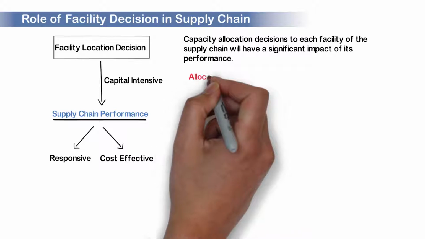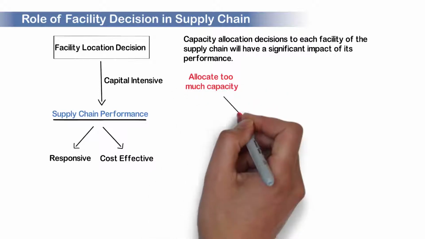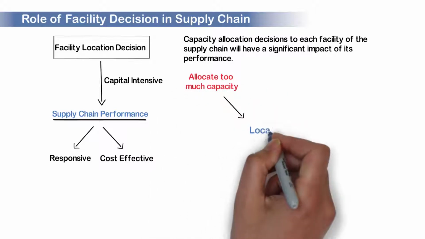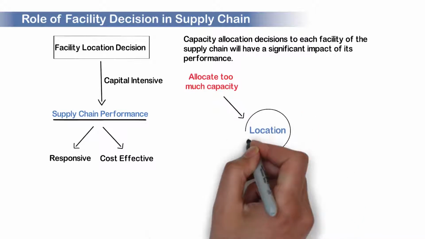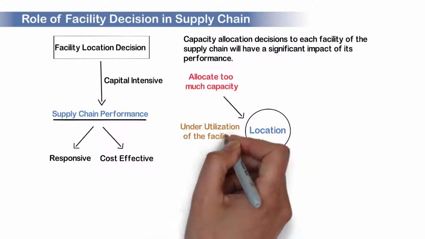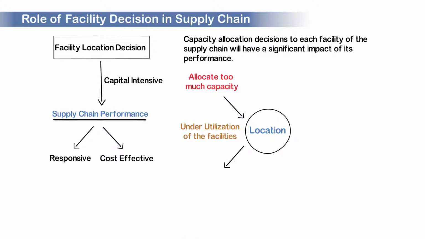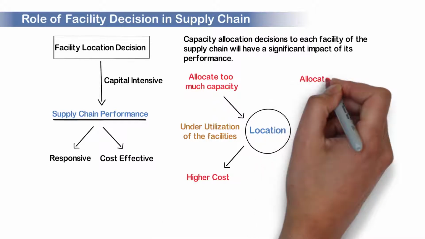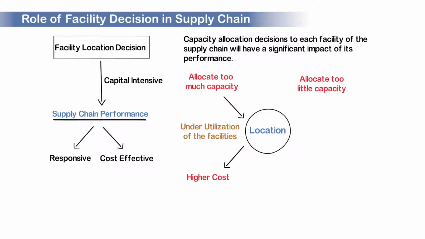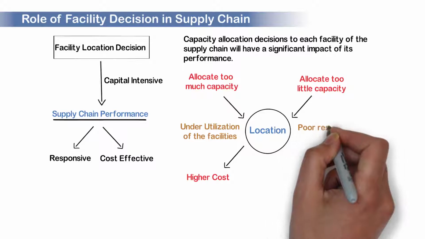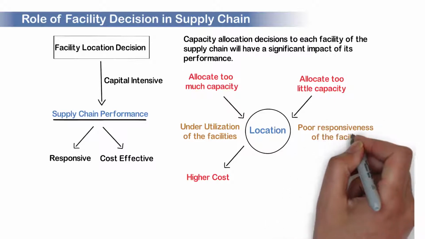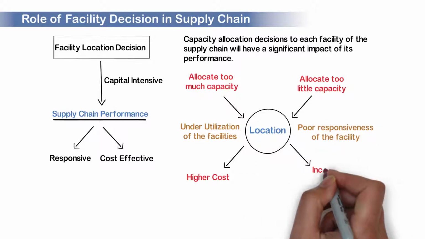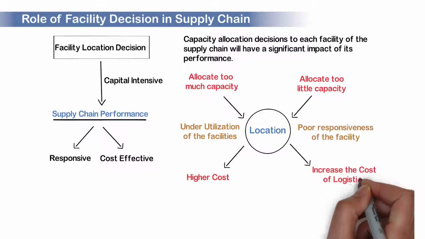When we allocate too much capacity to a particular location, it may result in underutilization of the facilities, which may result in higher cost. Similarly, when we allocate too little capacity to a particular location, it may result in poor responsiveness of the supply chain and it may increase the cost of logistics.